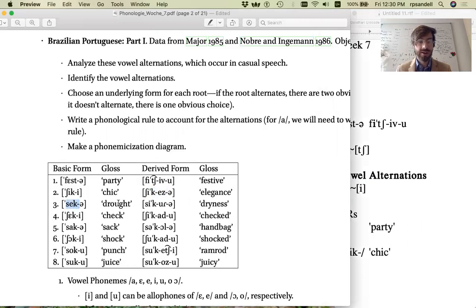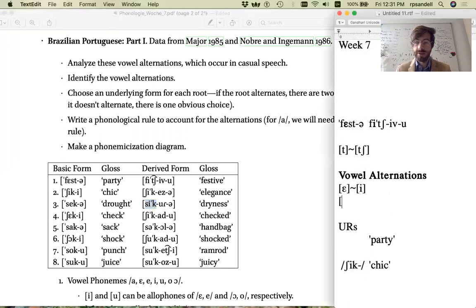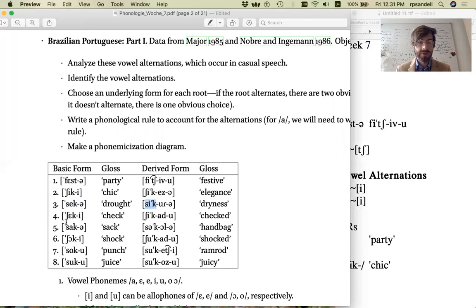Here we have an alternation between a vowel A and a vowel E. So seka alongside sikura. So that's an alternation between A and E. Going on to 4, we see again the alternation between E and E, shaky and shikadu. On to number 5, we see an alternation between a and a schwa, saka and sokolu.